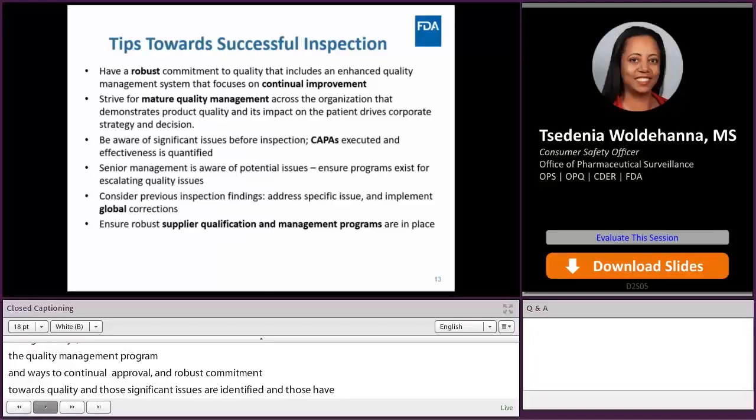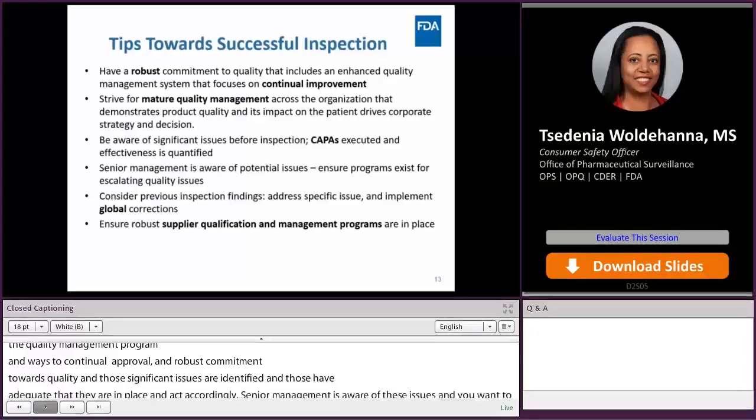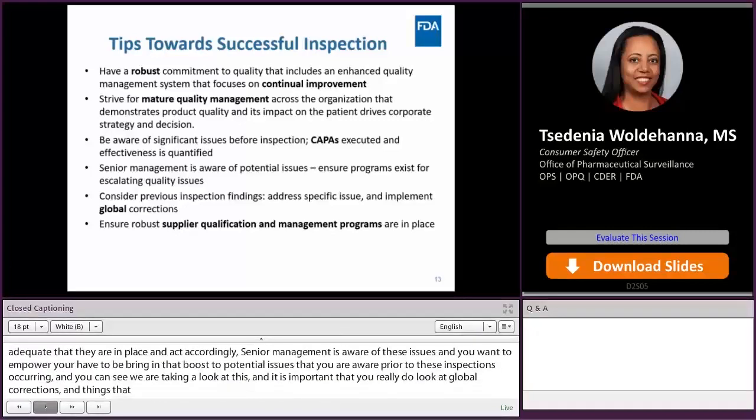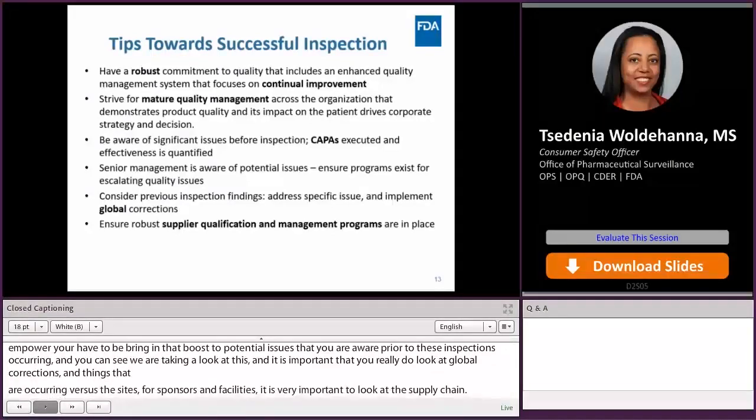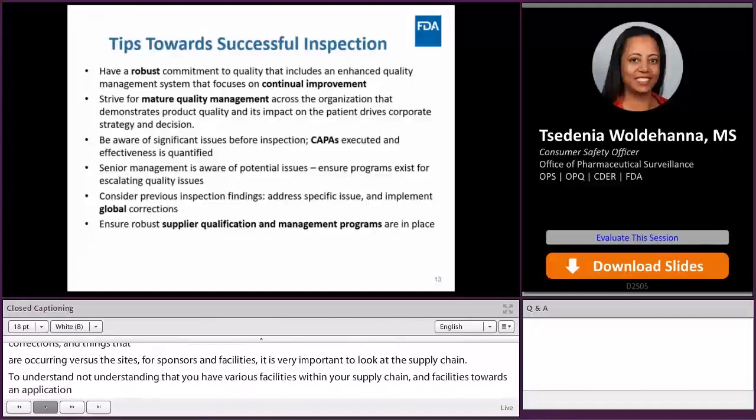And for sponsors and even facilities, it's very important to look at your supply chain, understanding that you have various facilities within your supply chain, and one facility that is submitted towards an application resulting in OAI could impact the entire application. So it is important that you do adequate due diligence and that your supplier qualification and management programs are in place.